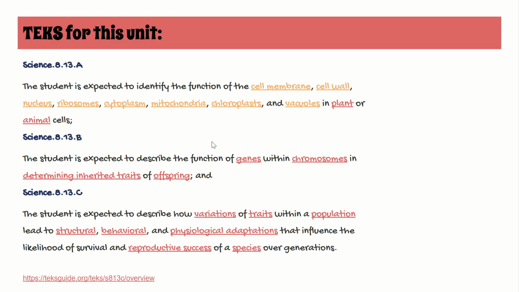And then on Thursday, we will be focusing on Science 8.13. Oh, my apologies. We will still be on 8.13a for Thursday, but we will be focusing on the function. And then within the next couple of weeks, we will be moving on to 8.13b and 8.13c.